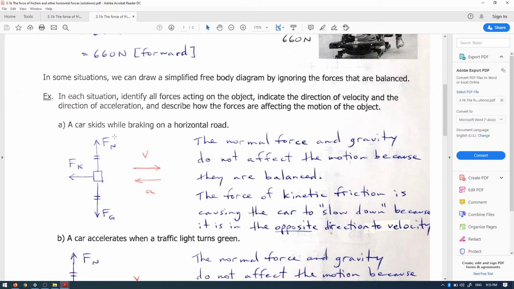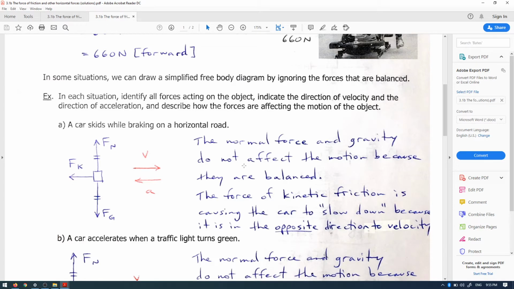The normal force is the contact force that the floor or the ground makes with the car's tires. It's always perpendicular to the surface. So if the surface is horizontal, the normal force would be vertical. Gravity fights that, and so you have a balance in the vertical. But there is no balance in the horizontal.